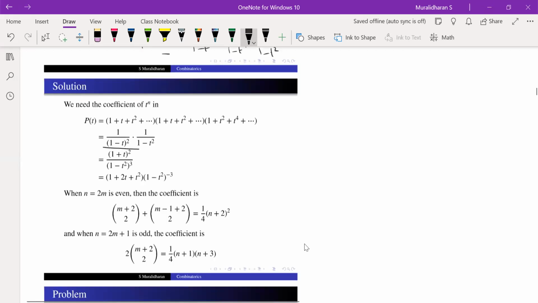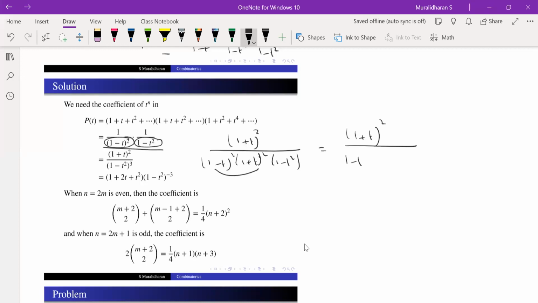Now I can write it in this form. There is 1 by 1 minus t whole square equal to 1 by 1 minus t square, right? There are several ways to do this, but we will give you the shortest way. So I have 1 minus t square here, and I have 1 minus t whole square here. So by multiplying and dividing by 1 plus t whole square, let's see what happens. 1 plus t whole square into 1 minus t square, which is the same as 1 plus t whole square divided by 1 minus t square whole square into 1 minus t square.